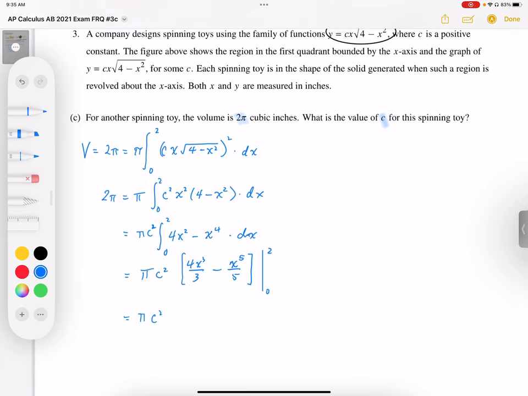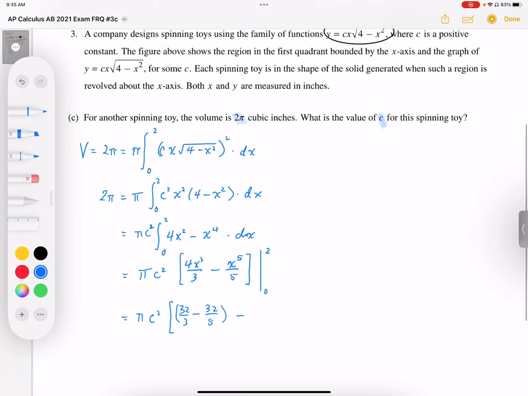Pi c squared. Plugging in my bounds, I'm going to end up with 2 cubed, which is 8 times 4, which is 32 over 3, minus 32 over 5. Okay, so that works out to be that portion, minus 0. When I plug in 0, I'm going to end up with 0.